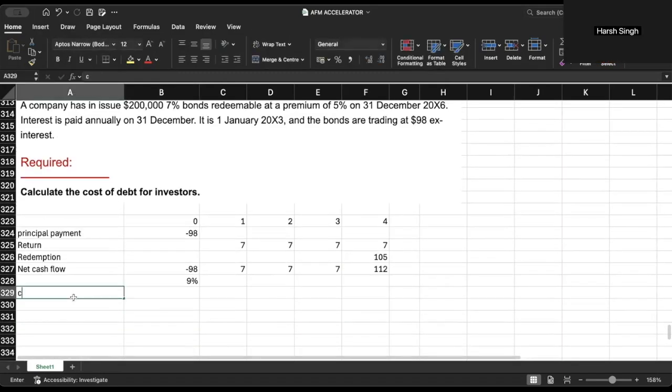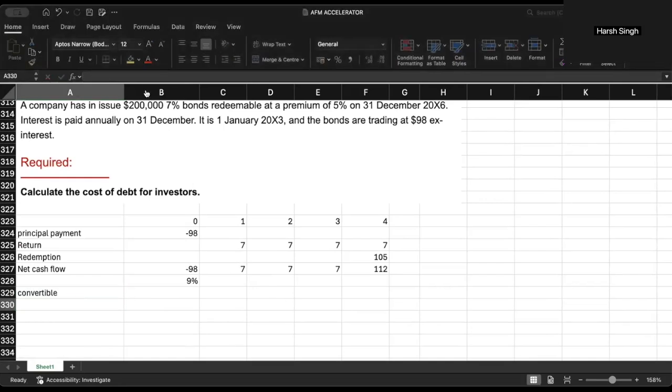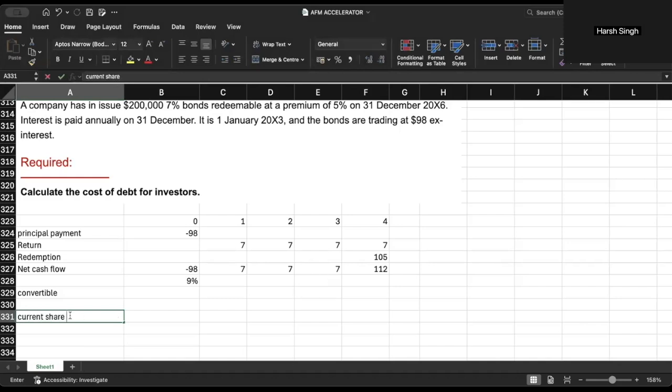Now, in the very same question, what if we have the convertible concept? Now let's assume that the current share price is given as 70, like the market value, right?